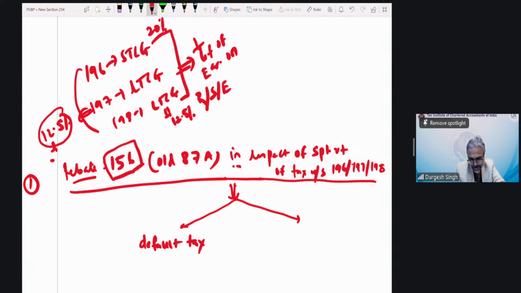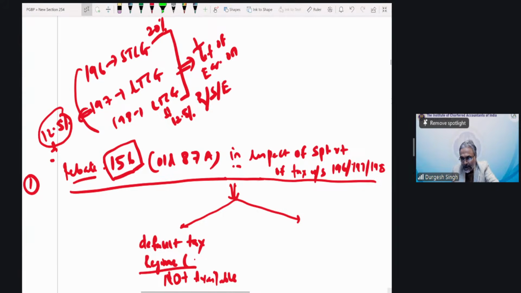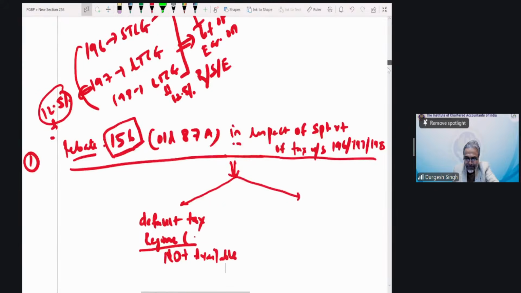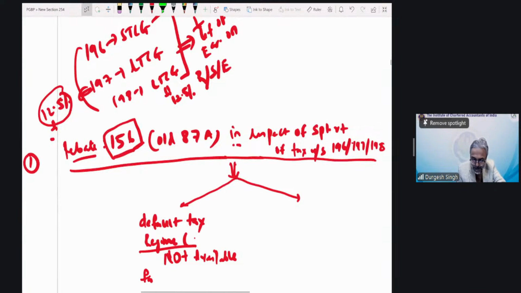Default tax regime, in this case, the answer is no, not available. Not available for the special tax.